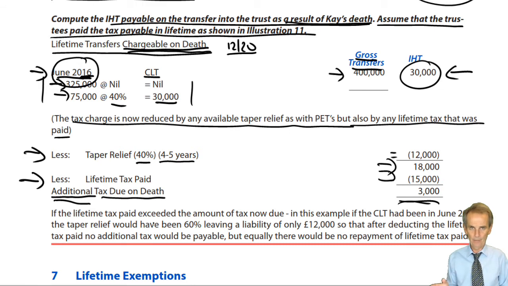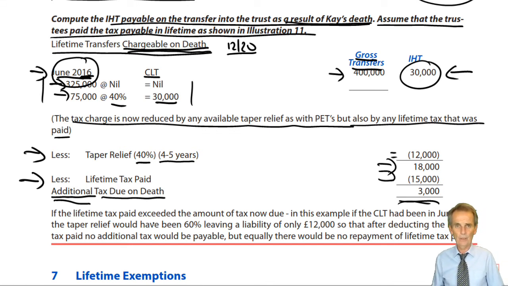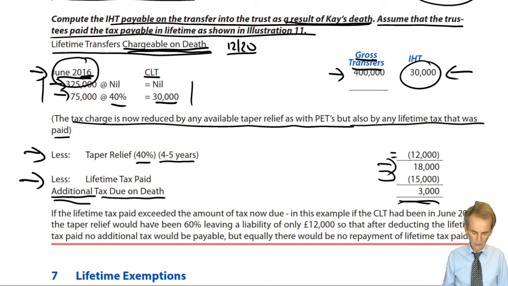That's the maximum. If you have already paid some tax in lifetime, there was a gross rate in lifetime of 20% there, then any such lifetime tax is indeed a deduction from the tax due on death, to be applied, as you see here, after taper relief.